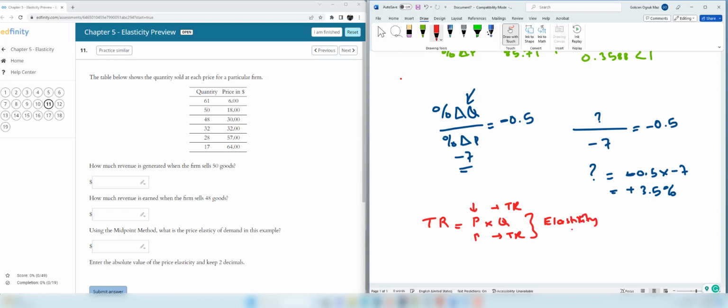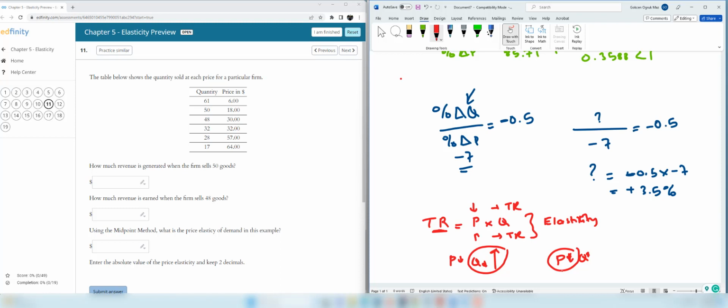So if the product is demand elastic, then we know that if you decrease the price, you will gain a lot from selling more. So maybe you are going to decrease the price this much, but quantity demanded is going to increase more than the change in the price. Therefore, your total revenue is going to increase because the dominant factor here is the increase in quantity. But if the product is price inelastic, if you decrease the price, quantity demanded increases very little, and the dominant will be the change in price.